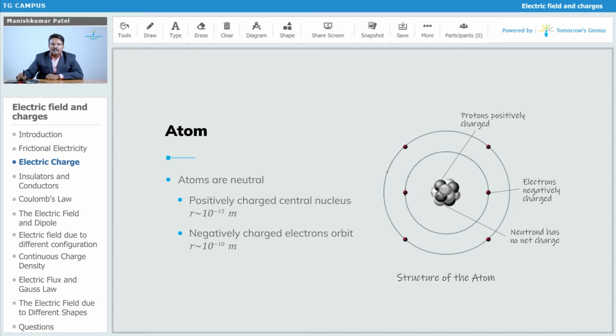The radius of the nucleus is about 10 to the power minus 15 meter, and the radius of the orbits in which the electron revolves is around 10 to the power minus 10 meter. This is how we can see the structure of an atom.